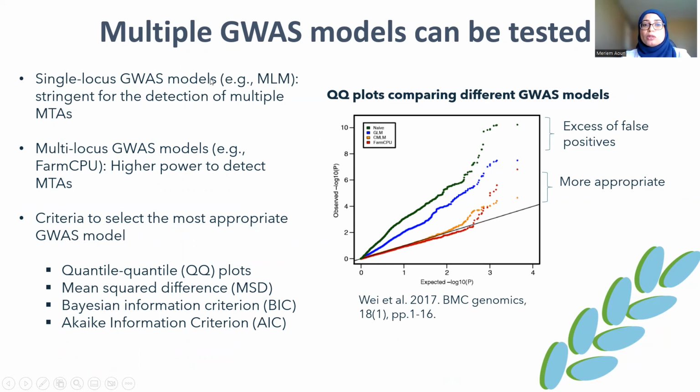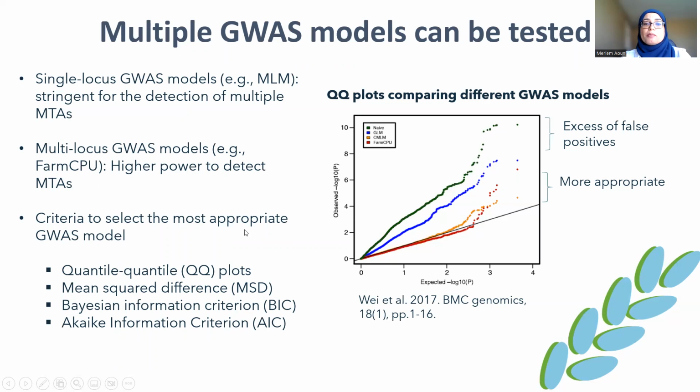Among single locus GWAS models, the most commonly used is the mixed linear model. However, a limitation of the mixed linear model is its power of detection of marker trait associations. That's why multi-locus models are suggested. An example is FarmCPU, where this type of model has higher power of detection while also controlling false positives.